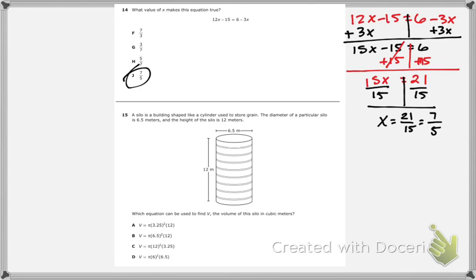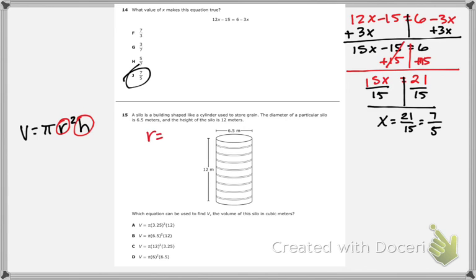So volume of a cylinder is going to be in our reference sheet. That is, let me look it up real quick. Pi r squared times h. Okay, so we needed to find r and h.